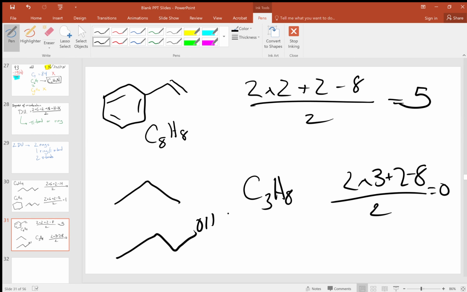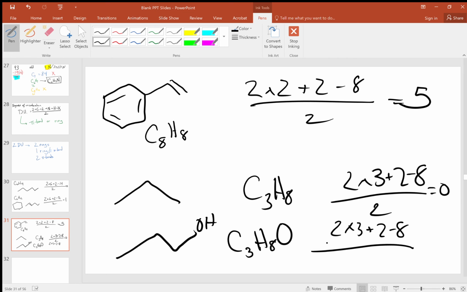If we add an oxygen to that, we have C3H8O. 2 times 3 plus 2 minus 8 divided by 2 is equal to 0. And so we can see that adding that oxygen doesn't change the unsaturation.